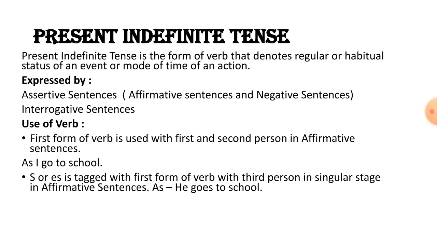Students, as we have studied in the last slide, the same situation is here. Present indefinite tense is also a form of verb which denotes the time of an action or status of an event, but it denotes regularity or habitual status.